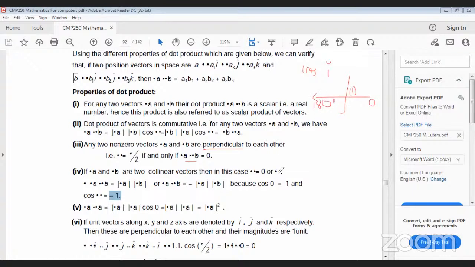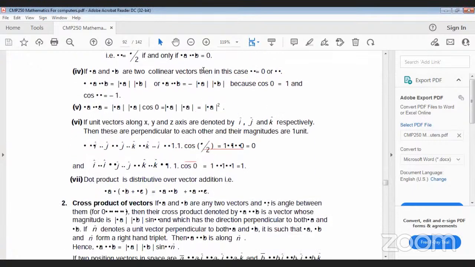Don't forget about that. So here theta should be 0 or pi. Cos pi gives me the value -1. So A dot A equals |A||A| cos 0, that is |A| squared.